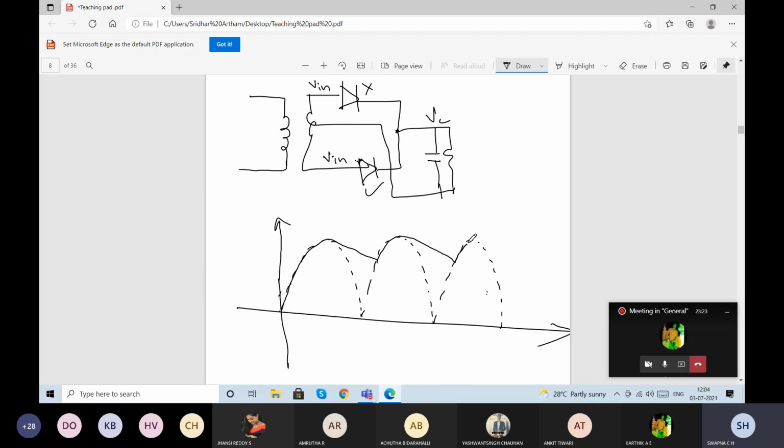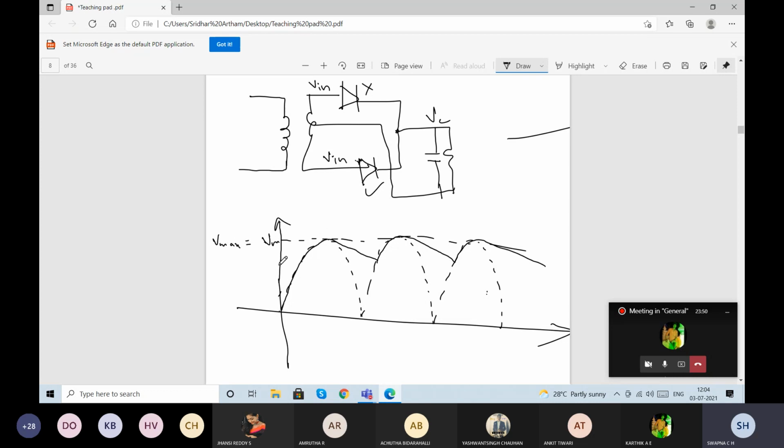So all this explanation I have already given you. Now if you just observe once again, from here to here, this is the maximum value. Anyway, the maximum value will be Vm. Let me write it as V maximum, which is equal to Vm.